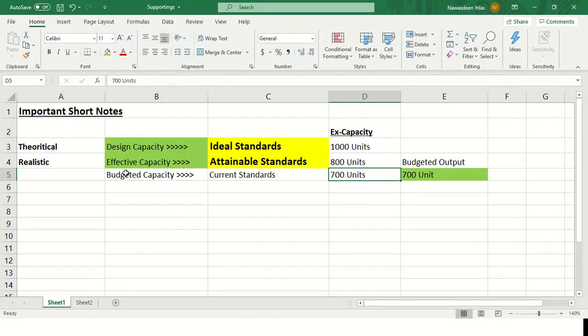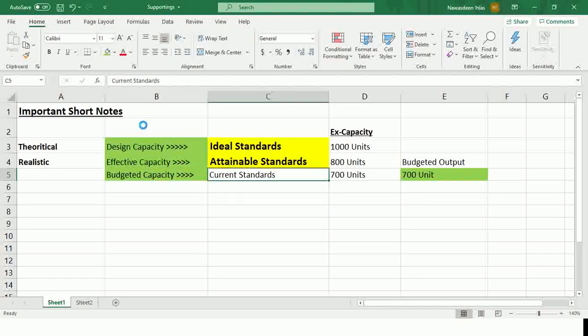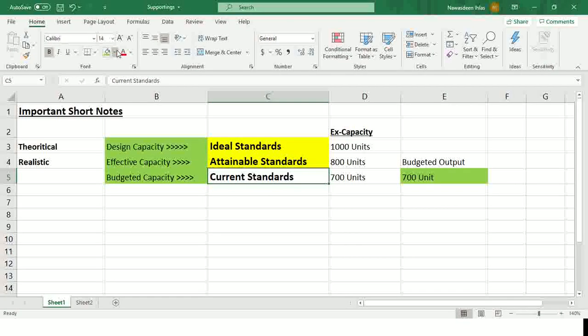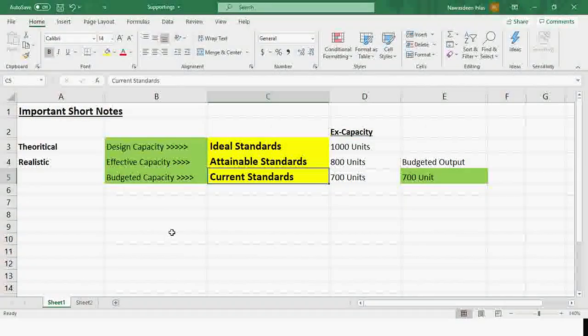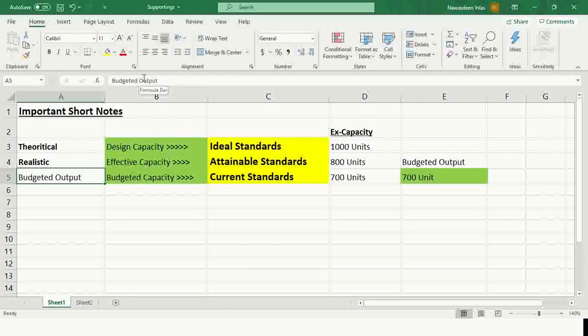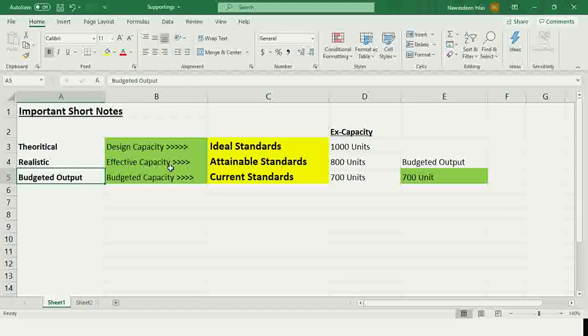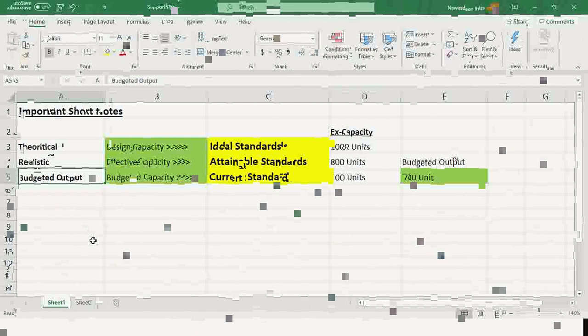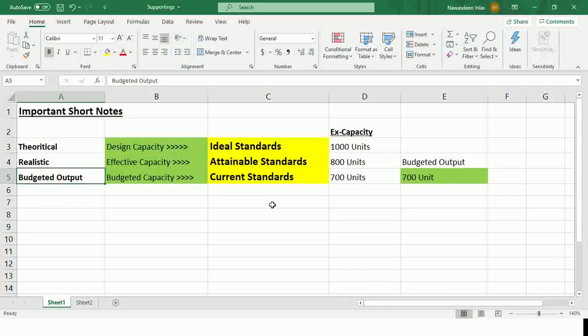So remember, budgeted capacity is always dependent on our current standards. So this is very important, right? This is based on our budget. This is based on our budgeted output, right? So these things are very important. So these things can be tested in your MCQ questions.